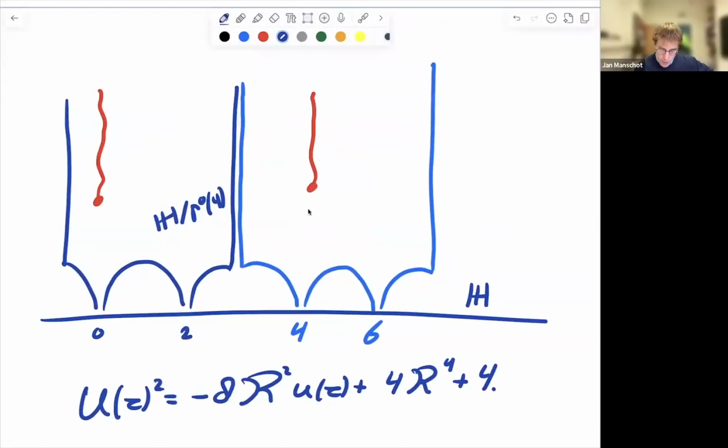This is also quite similar to discussions of these fundamental domains for 4D theories with hypermultiplets, where we were also seeing these branch points and branch cuts.